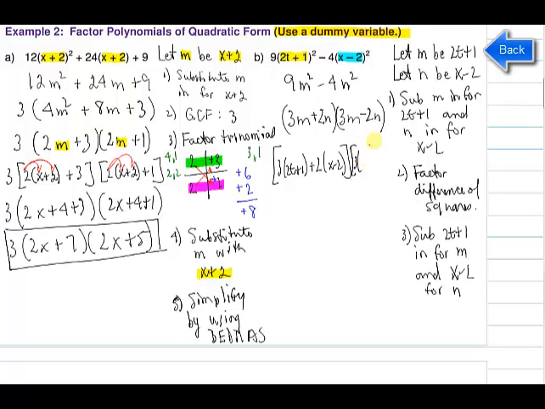Okay, so 3 times 2t plus 1 and minus 2 times x minus 2. Alright, so I'll highlight that. Hopefully it'll stick out a little bit better. Okay, so that's what we are going to now simplify.